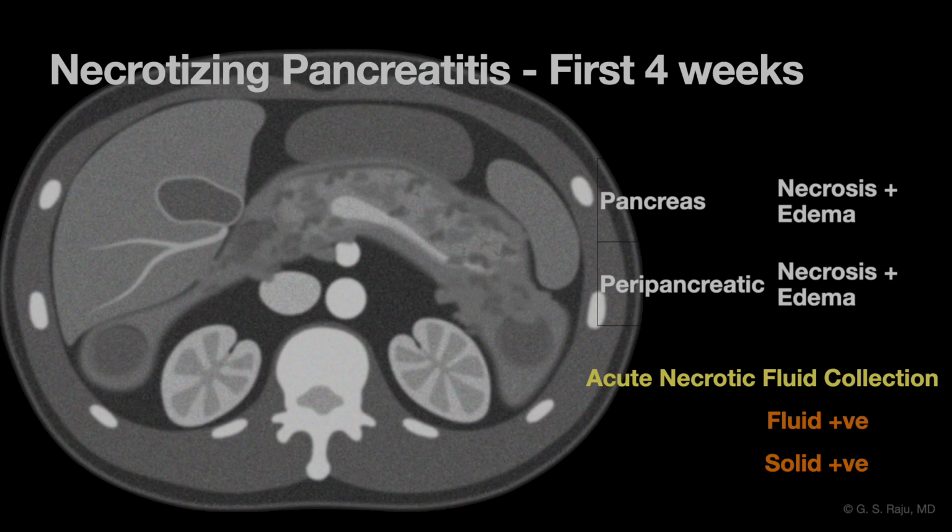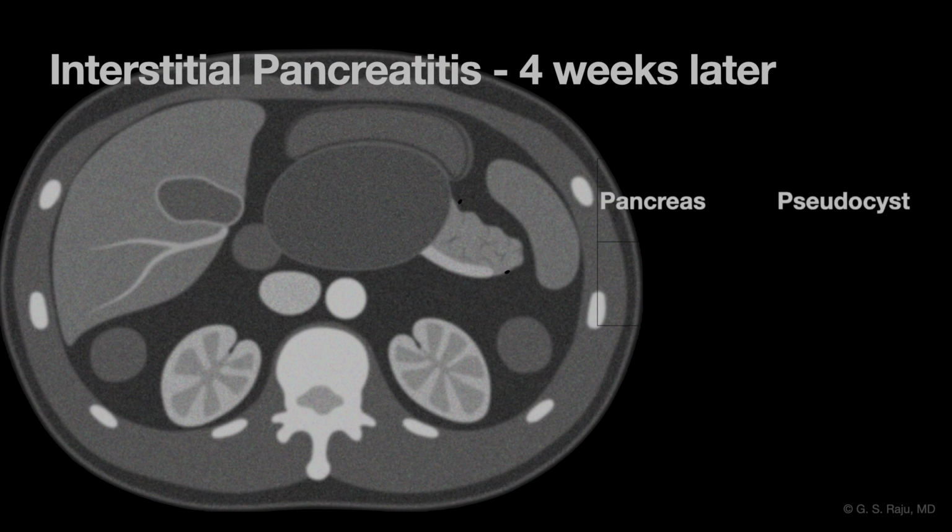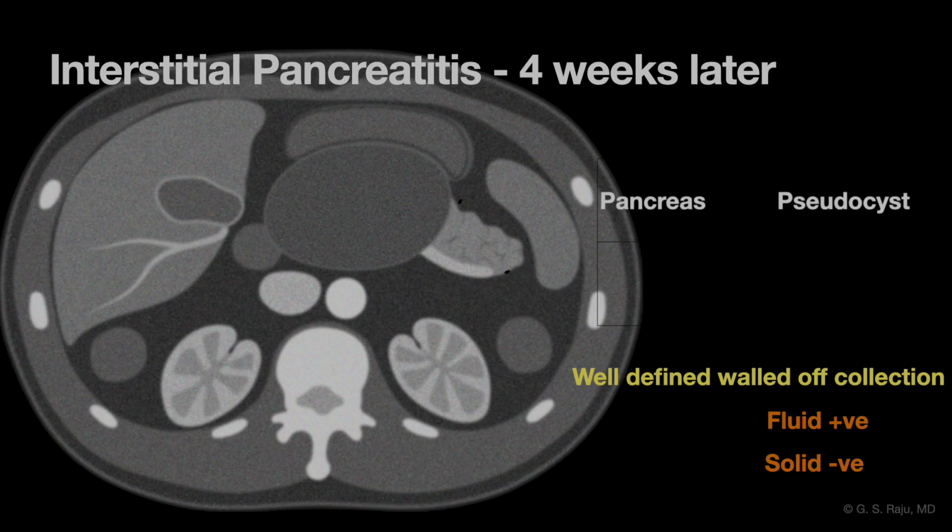And after 4 weeks, if there is interstitial pancreatitis and the fluid gets resorbed completely or may become a collection, that is pseudocyst. You define pseudocyst as a fluid collection which is walled off with a well-defined wall, and the contents are just fluid, no solid inside that.